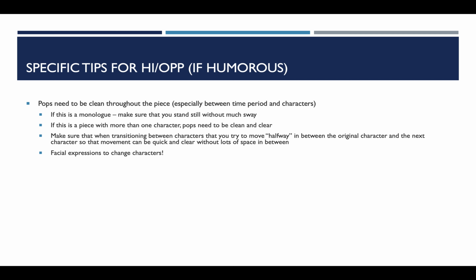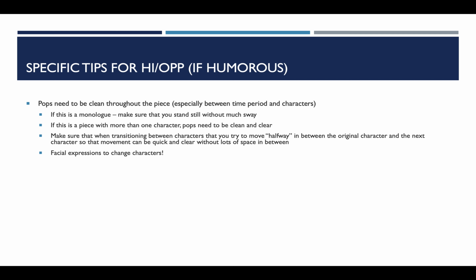Your arm's already stuck out. So character B can open their palm or his palm and grab whatever they need from character A. We want to make sure that pops are quick and clear without lots of space in between.